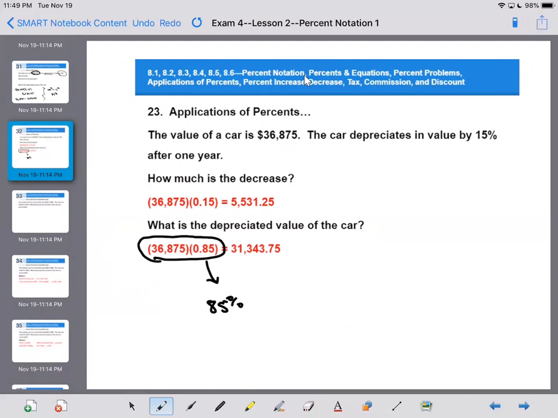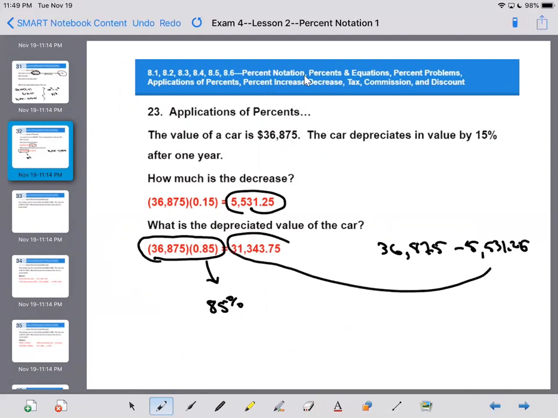So I can take 15% of 36,875, get an answer, and subtract it from 36,875, and I get this.